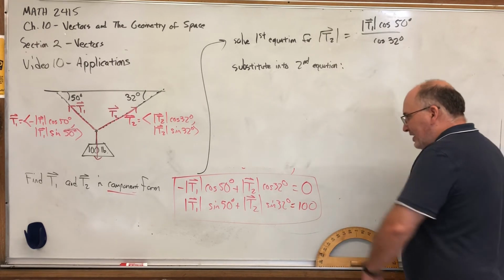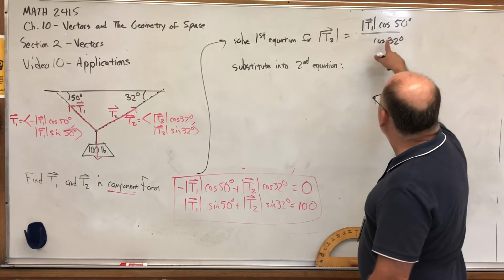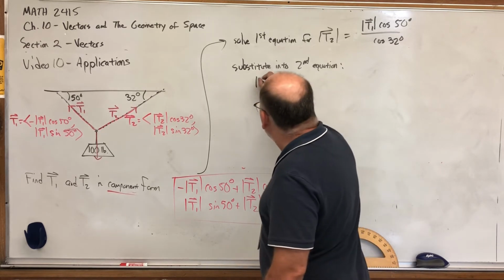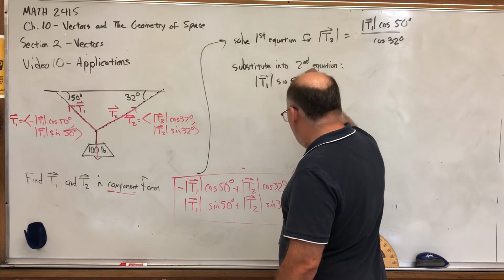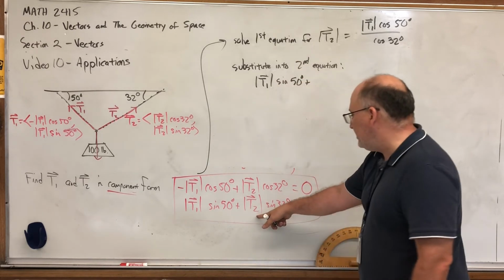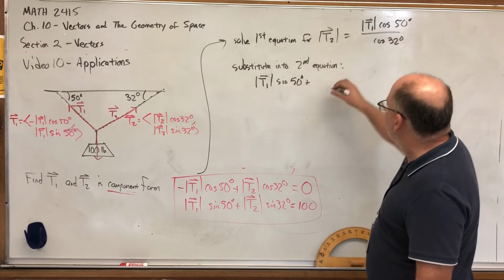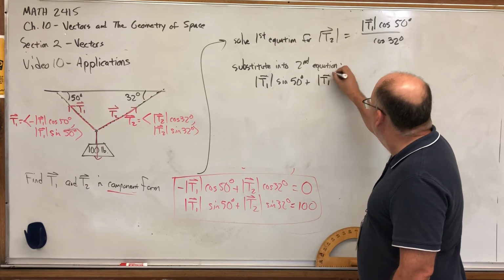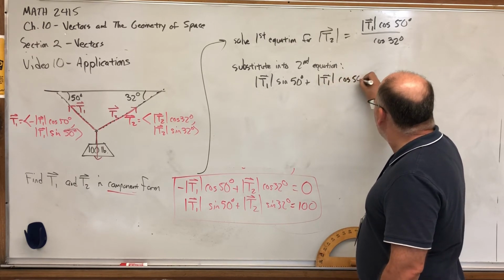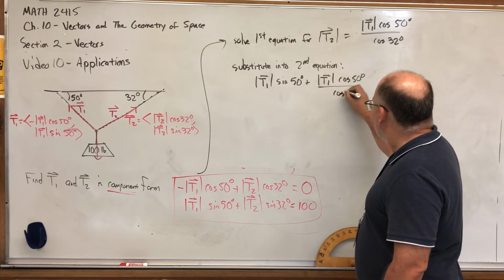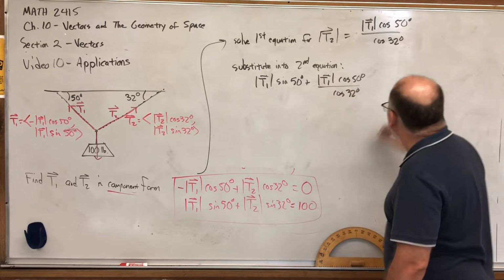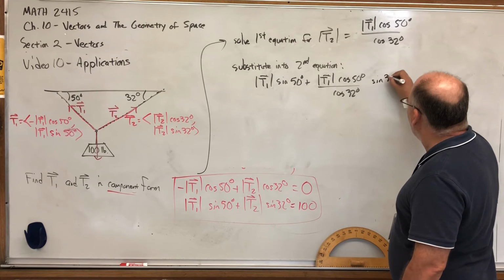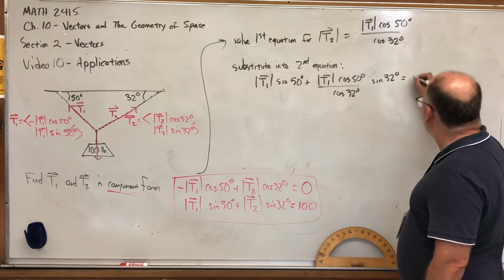So if we go to the second equation and replace magnitude of T2 with all that, we get magnitude of T1, sine of 50 degrees, plus, remember, we're replacing magnitude of T2 with all this. Magnitude of T1, cosine of 50 degrees, over cosine of 32 degrees. So this just got replaced, times sine of 32 degrees is equal to 100.